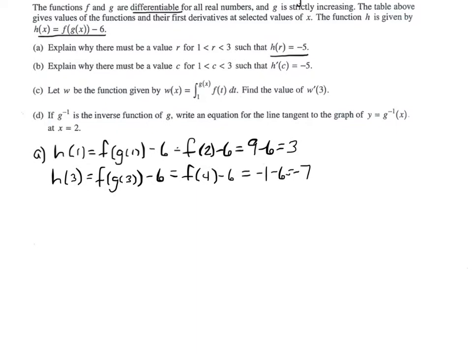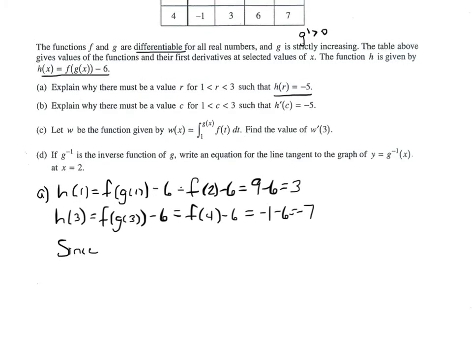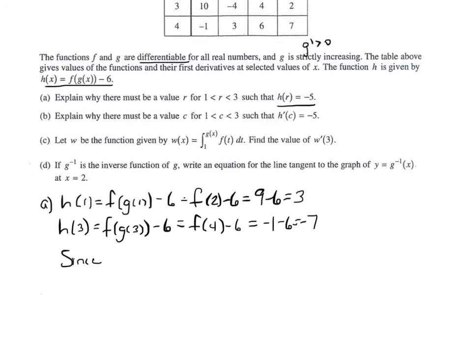So we should say, well, this only happens if h is continuous. Now we know f and g are differentiable, which means that f and g are continuous, which means that h must be continuous.